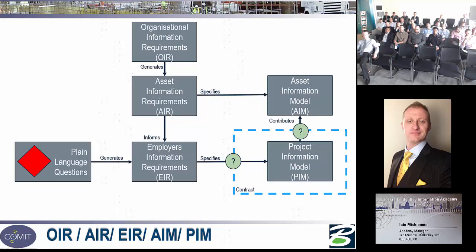That AIR specifies our asset information model. Now, when I say model for everybody in the room, what does it conjure up? Pretty 3D picture? I'm afraid most technology vendors have sold you that thought over the last 10 years or so. It's not right. Model is a data model. That is everything you know about the assets.